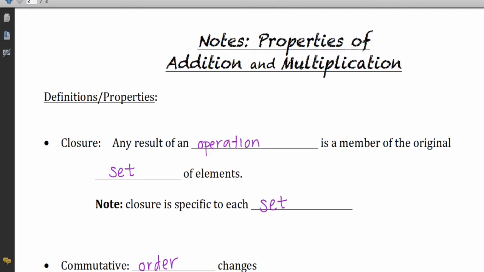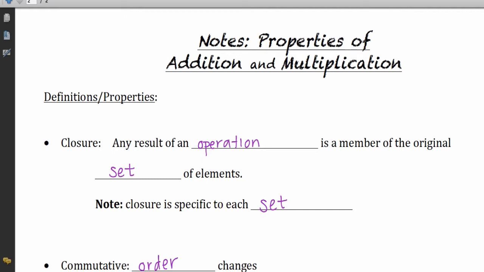For example, we would say that addition is closed under the set of integers because if I add two integers together, I will always get an integer back. For example, 4 plus 2 is 6. 5 plus negative 2 is 3. Any two integers added together will give me another integer.